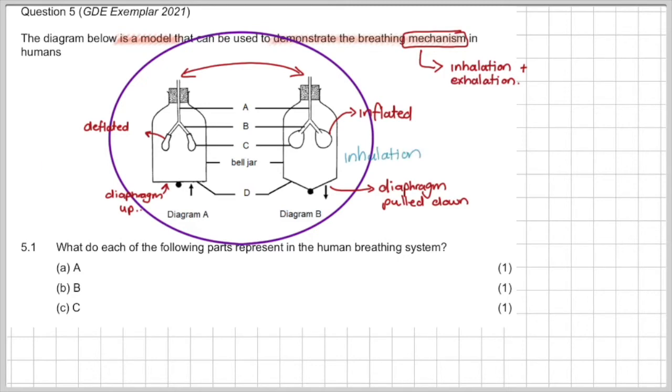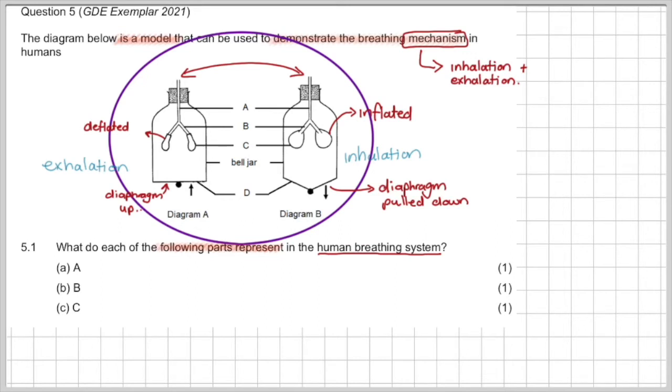Now, if we look at what each of these processes represents, I've got the inhalation in diagram B and the exhalation taking place in diagram A. And this is the breathing mechanism once again. Now, when we look at the questions, it's going to make a lot more sense.